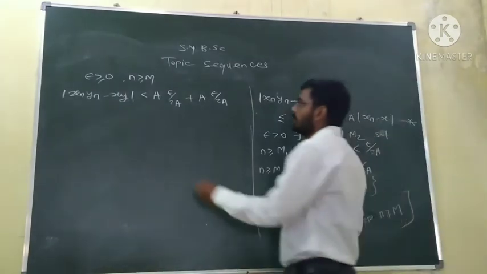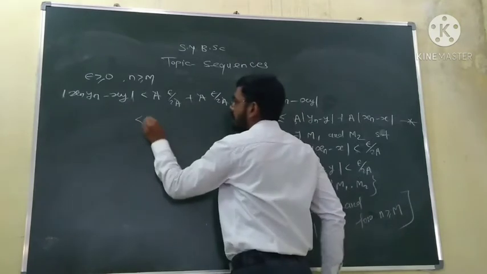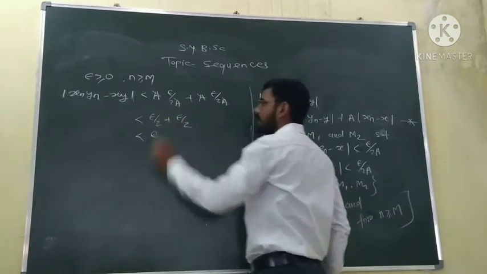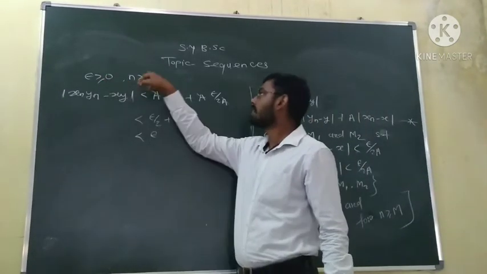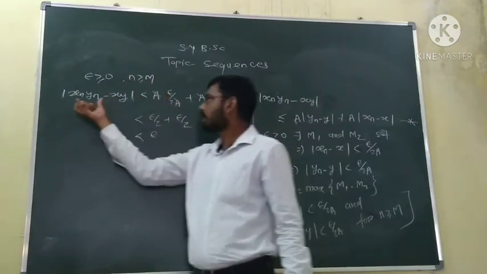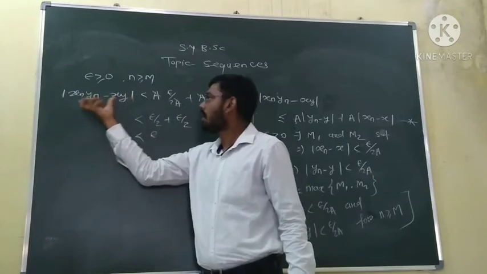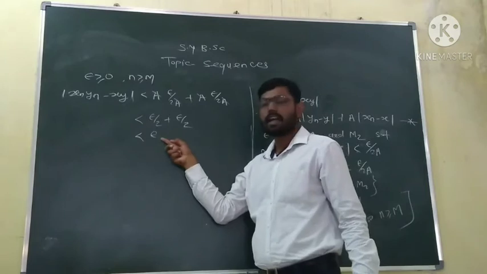Now this a gets cancelled, so it is less than epsilon by 2 plus epsilon by 2, that is, less than epsilon. So for any epsilon greater than 0, there exists an m such that whenever n is greater than or equal to m, the distance between xn yn and xy, or mod of xn yn minus xy, is less than epsilon.